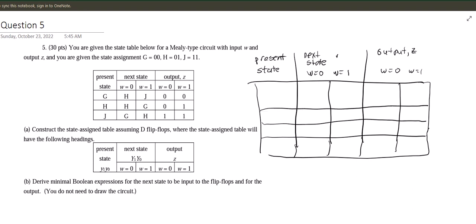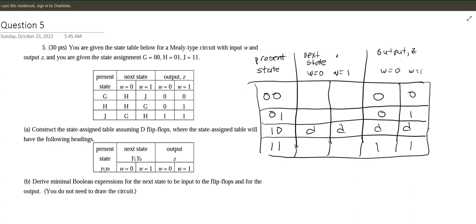So G is 00, H is 01, and J is 11. So 10 is not being used, but we need to account for it, so we'll put don't cares in for that one. And then the output Z is going to look exactly the same, so we can just copy that: 0, 0, 0, 1, 1, 1.